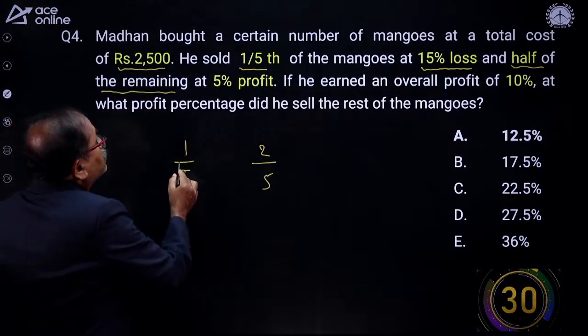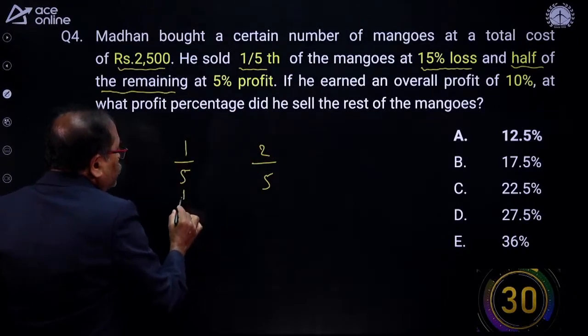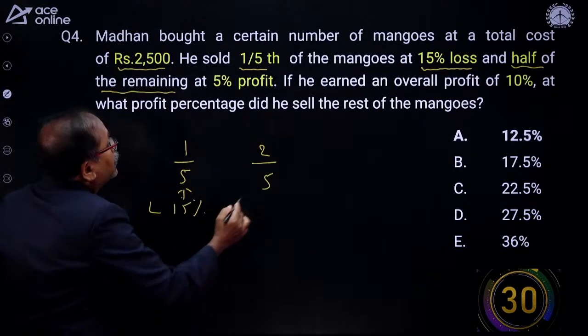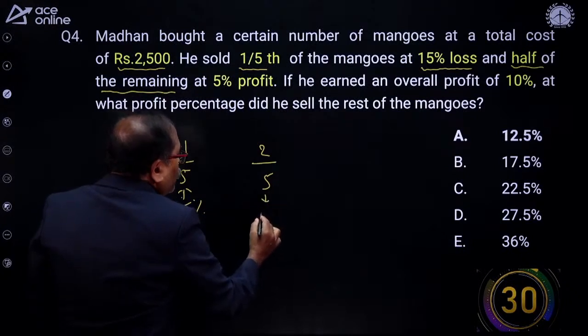So this part is sold at a loss of 15%, and this part is sold at a profit of 5%.